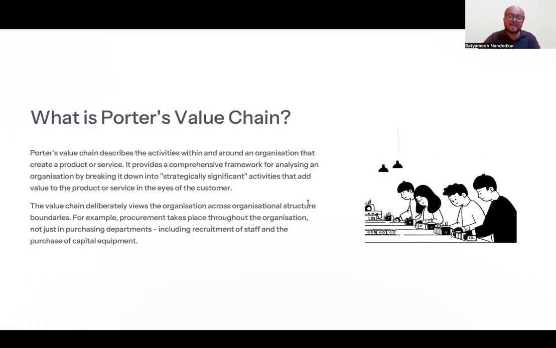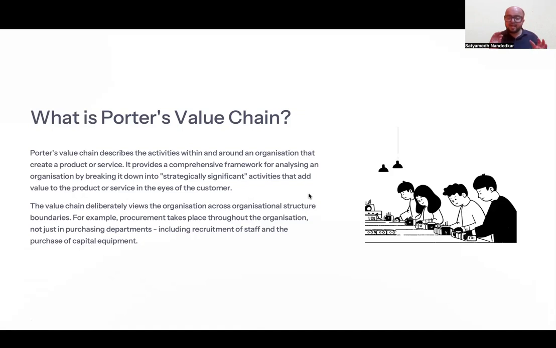Now, what exactly is Porter's value chain? Michael Porter developed the concept of value chain to answer a very practical question. How do businesses create value for customers and how can they gain a competitive advantage? How can they have an edge over someone else so that they can deliver better as compared to the competitors? The idea is that every organization can be broken down into activities.